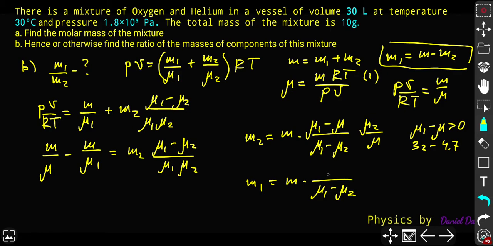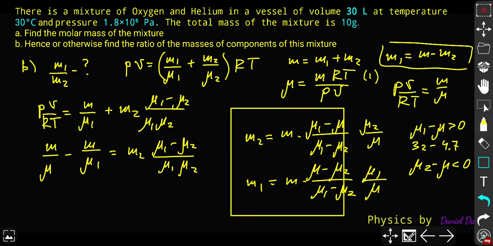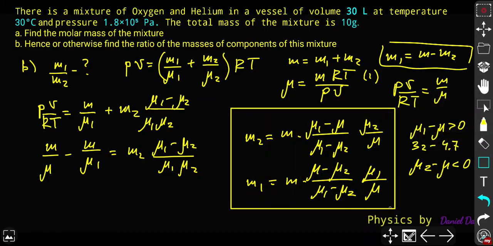Instead of mu1, that's going to be mu2, but because mu2 minus mu is going to be negative, right? So obviously they should be positive values, so mu minus mu2. That's what I bet is going to be. And instead of mu2, we are going to use mu1 to the total mass, molar mass. All right, so I hope that this is going to be the final set of formulas for M1 and M2.